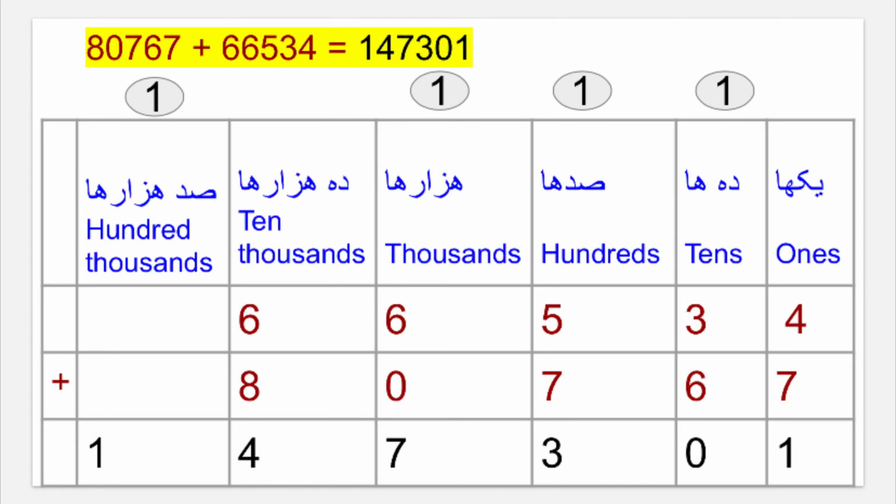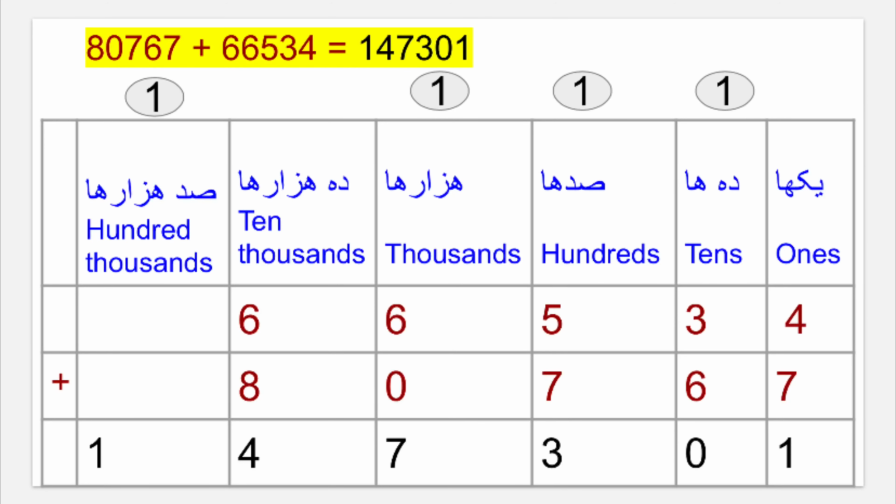So in the tens, we have 3 tens and 6 tens. Together that is 9 tens. 1 ten comes from the ones. So it's going to be a total of 10 tens. 10 tens is 2 parts. One is the 0, we're going to put it here, because in 10 we have a 0.